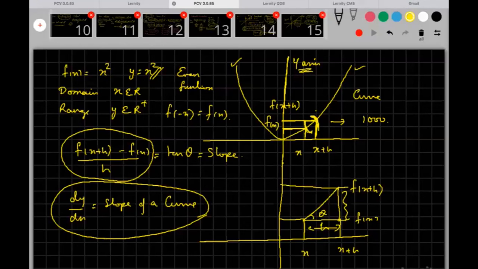The differential of a function gives you the slope of a curve. So when we differentiate, this is what we are trying to do.